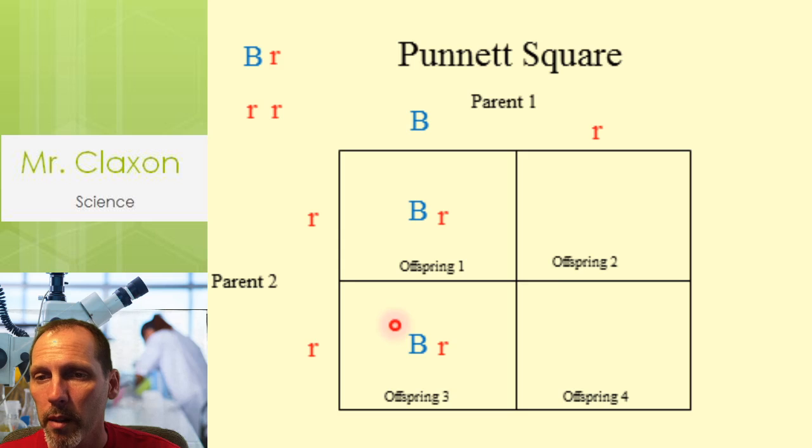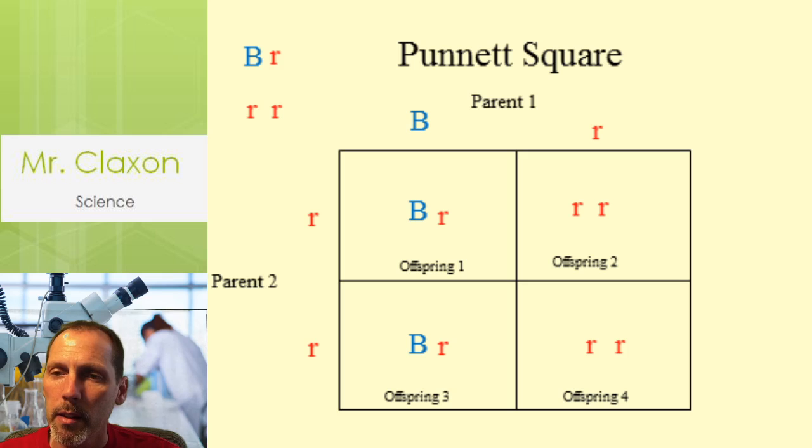Well, it would have a B and an r. In this box, we bring down the r to represent getting that allele from parent one, and we bring across this r to show that it got the r from parent two. So that takes care of both r's. And then the last possibility is you could get this r and this r from each parent. It'd be rr.